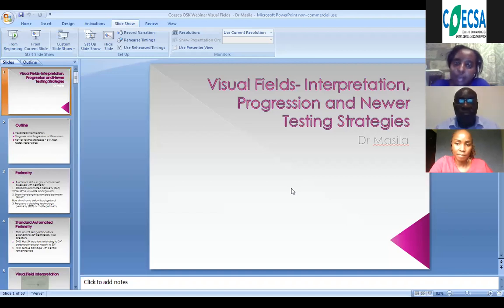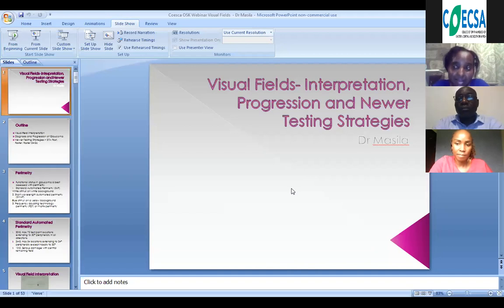Yes, from looking at the artifacts, which you have said, you can look at the sources of artifacts. Of course, you've examined the patient, you know if they have corneal opacities. The pattern standard deviation really helps because it eliminates a lot of the defects that are not due to glaucoma.